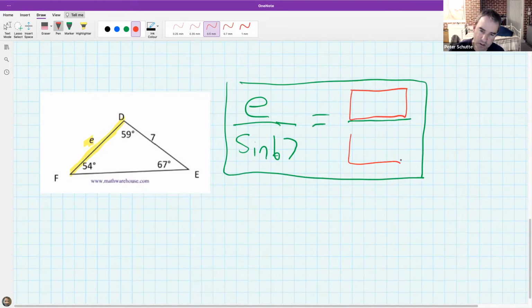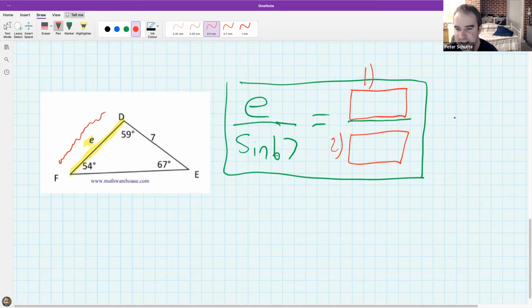Do you know what's missing? Tell me what should be in the first block above here, block 1, and what's going to be in block 2. Remember, I'm trying to use the sine rule to find the length E. So maybe pop that in the chat.